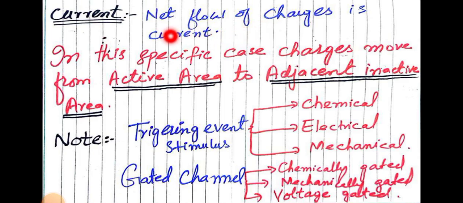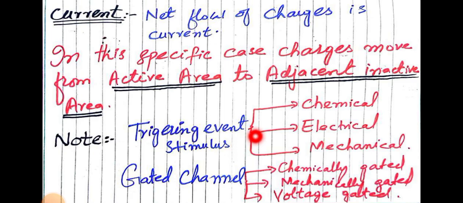And this current acts as short range electrical signals, small distance electrical signals, and small changes in membrane potentials, the graded potentials, have given rise to this electrical current. In this specific case, charges move from the active area to adjacent inactive areas.